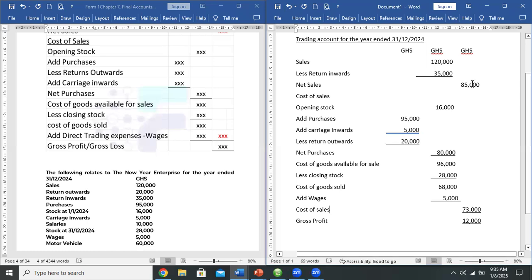So the selling price is greater than the cost price, so we get a profit, and that's the gross profit. If the selling price was lower, then you would have gotten a negative figure, and that would be the gross loss. So the gross profit is the difference between the net sales and the cost of sales. Please, is that okay?